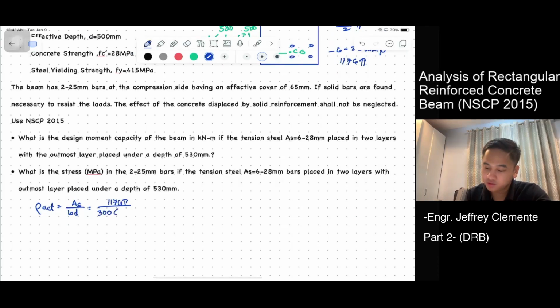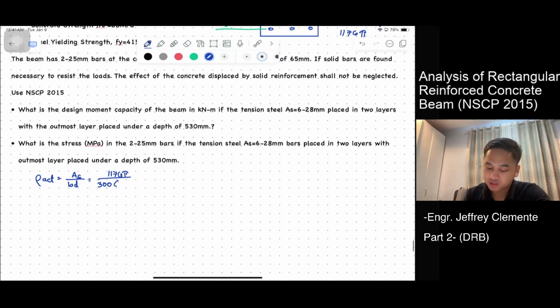Ang d natin, that is the effective depth. So, that is 500. Okay. So, what is the answer? 1176 pi over 300 times 500. So, that is 0.02463.